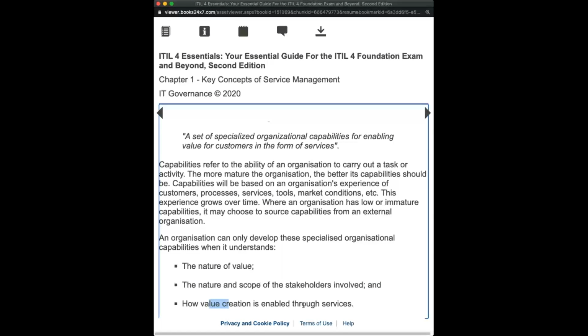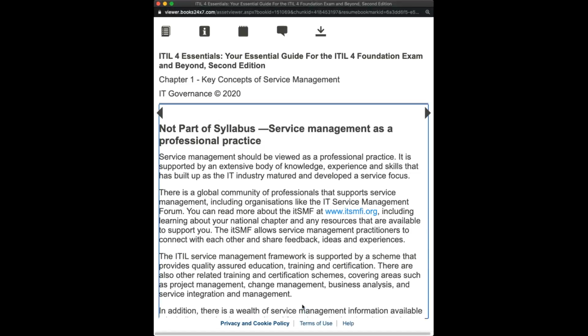So, time and time again, value, services, right? What do the stakeholders want? Stakeholders could be external customers or internal customers, right?